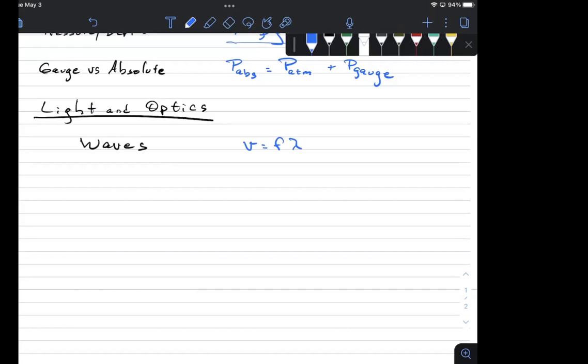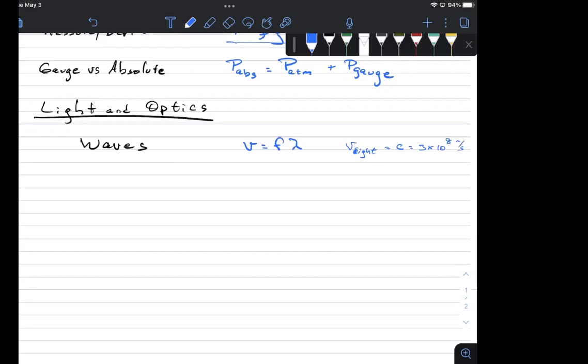And of course, we also know that there's a special velocity out there, the speed of light. And the speed of light is called c, and it's 3 times 10 to the 8th meters per second. Okay, something you should know.